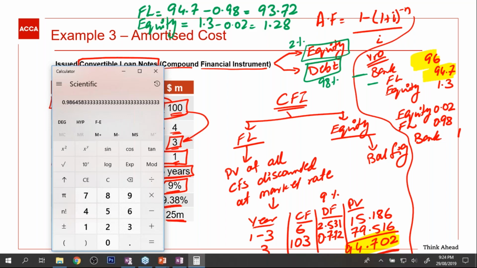Alistair is saying, why don't we use the effective rate here as well? Okay, Alistair, I'm going to tell this in a while. Jagmeet is saying, sir, what then happens at redemption? We are going to discuss this, Jagmeet. Salman is saying, if this scenario is a financial asset, we are going to discuss this, Salman. Right now, I'm trying to focus on this question rather than moving to some other questions. And a lot of questions still left.